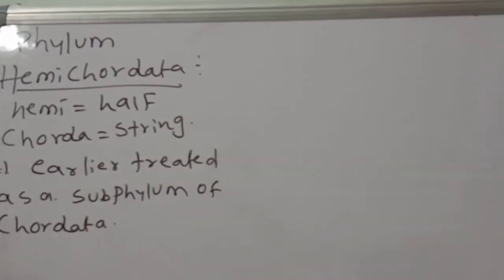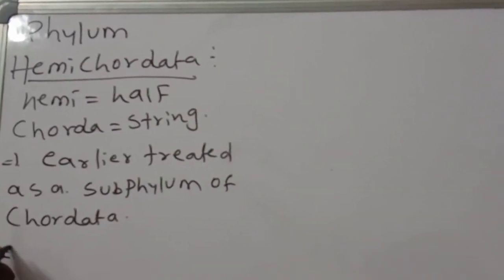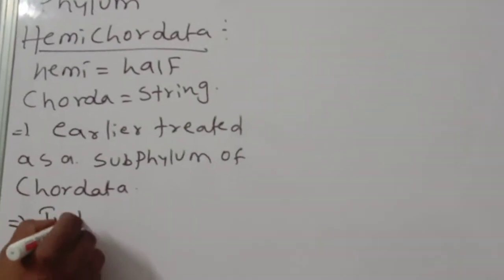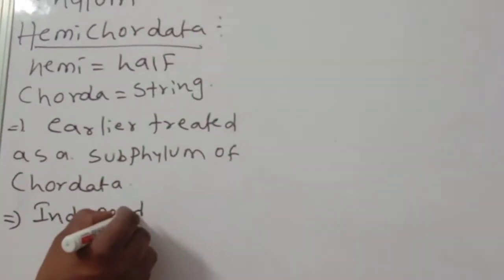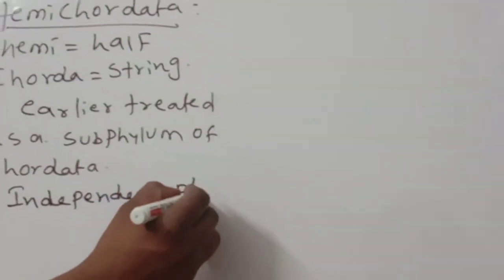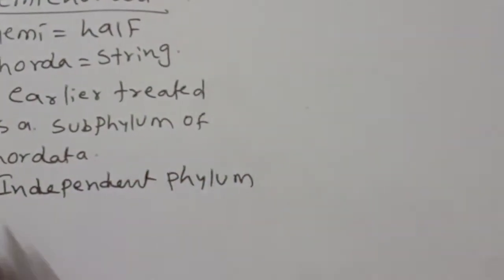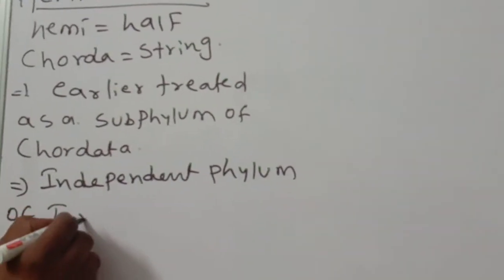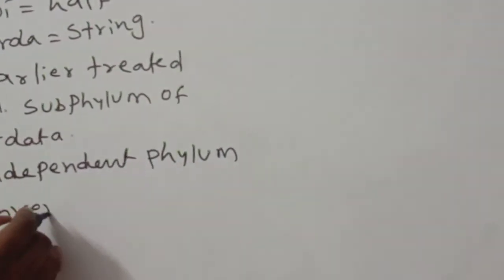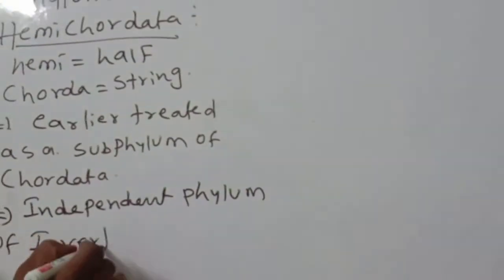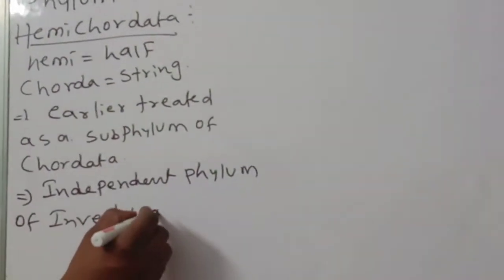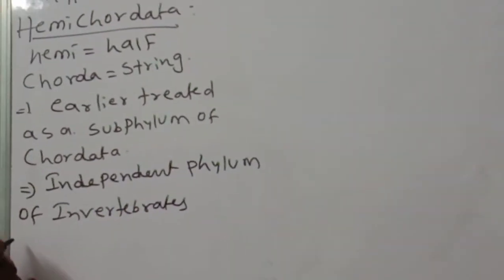They are now regarded to be an independent phylum of invertebrates. So first it was a subphylum of chordates, but it is an independent phylum of invertebrates. This part you have to remember.